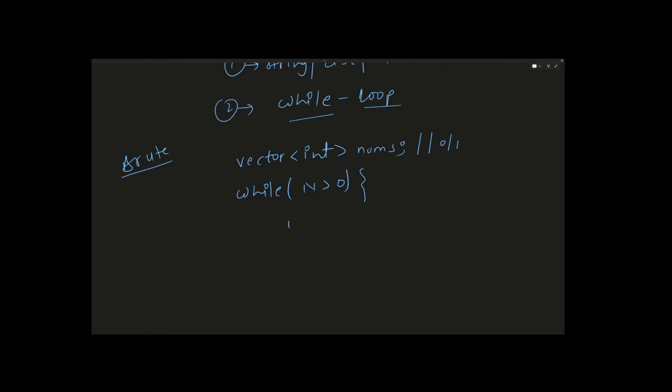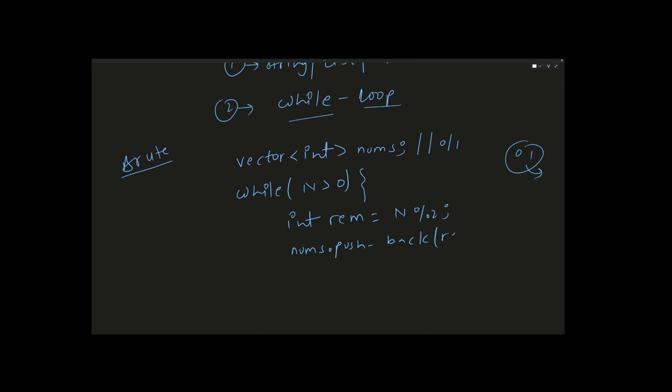Then we find the remainder by dividing by 2, because if you divide any number by 2, it gives a remainder of either 0 or 1, and this is the binary form. This binary form we push into the vector.